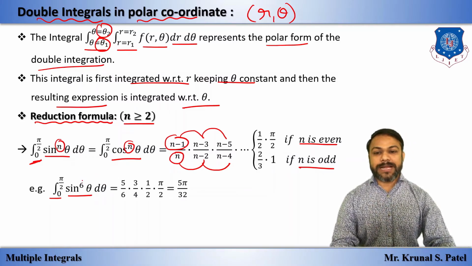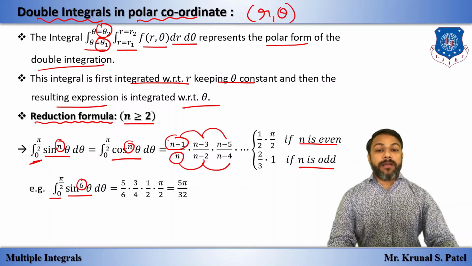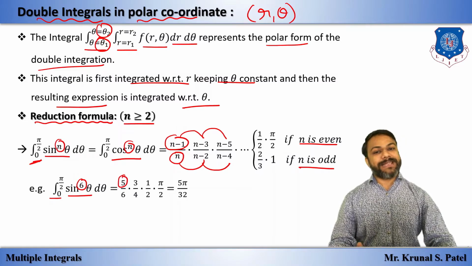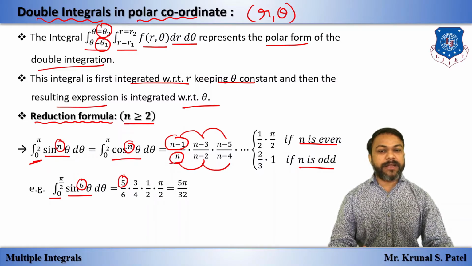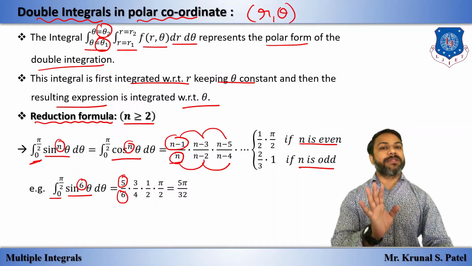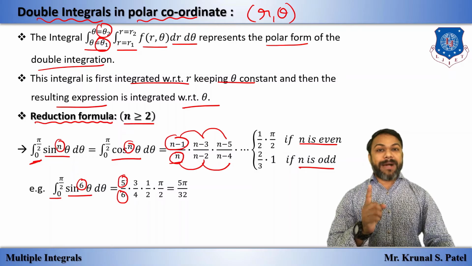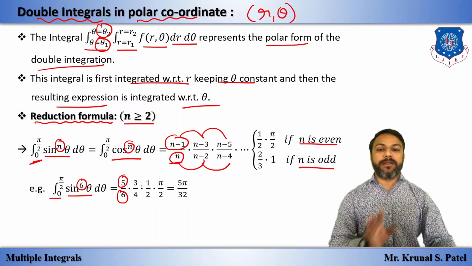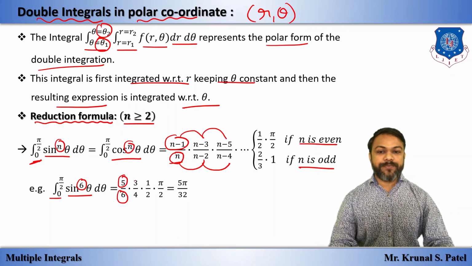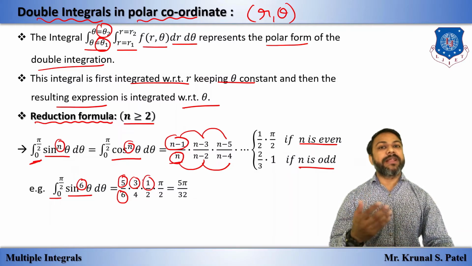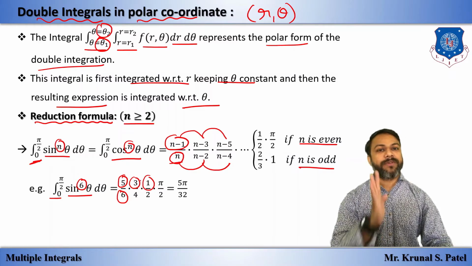Start with power minus 1 in the numerator, so put 5, and the same power n in the denominator, so 6 as it is. Then, no need to remember the formula, just subtract 2 from the numerator: 5 minus 2 is 3, 3 minus 2 is 1, and then we cannot subtract further, otherwise we will get a negative answer. So we stop here at 1.